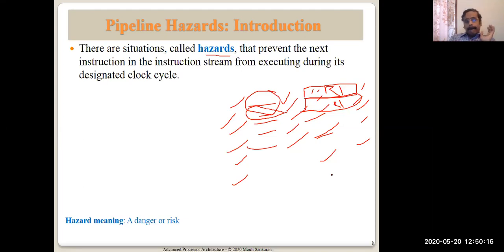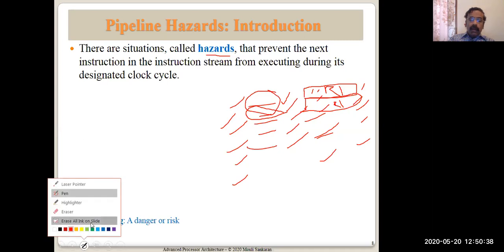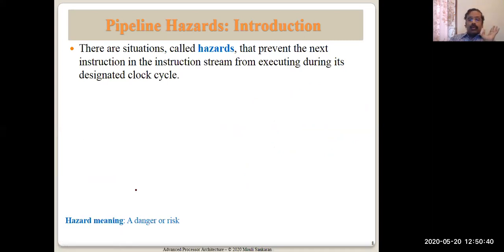You cannot expect the programmer to know internal details, like that it takes 5 cycles for a result to be returned, and arrange the instructions so that no hazards happen. You cannot expect the user to do it. So how do we solve it? We should solve it in the hardware. We should identify the problem and try to solve it. That is what we are trying to do now.